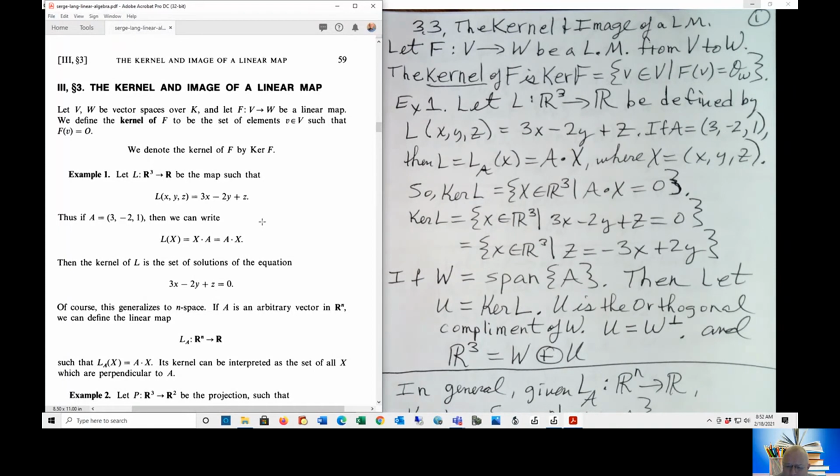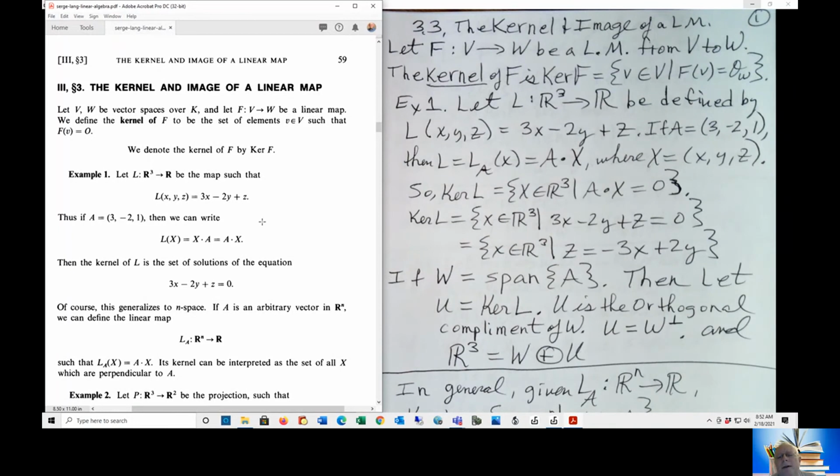Now, you can easily see that if you let A be the ordered triple of the coefficients 3, negative 2, 1, then we get what we call L sub A, the linear map associated with the vector A. So the map L is nothing more than the dot product of A with any vector x in R3.